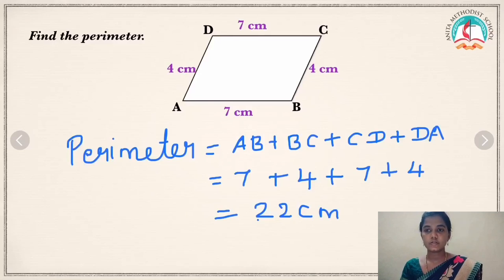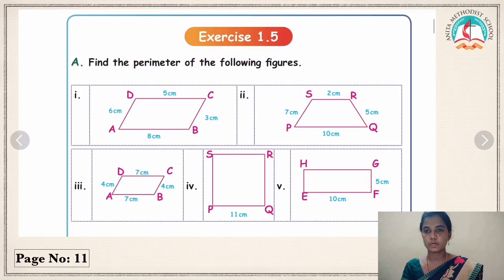Okay, children, so here we have more problems. You can see this in exercise 1.5. Okay, so I will give you 10 counts. Open your textbook to the page number 11 and mark all these sums. Okay, so I'm going to start the counting, children.